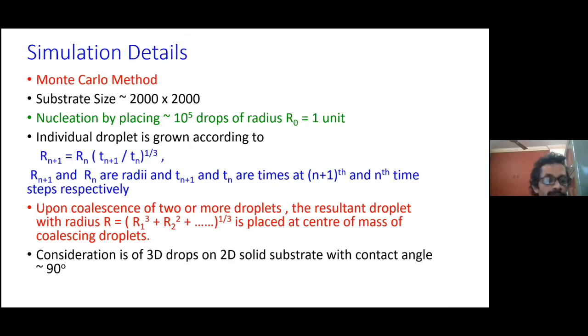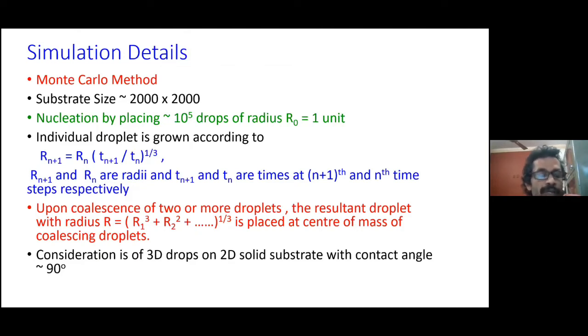This is with the consideration, as the last line says, of three-dimensional droplets, meaning a droplet is a hemispherical cap on a two-dimensional substrate with contact angle very close to 90. These are the considerations before applying this particular update for the radius.